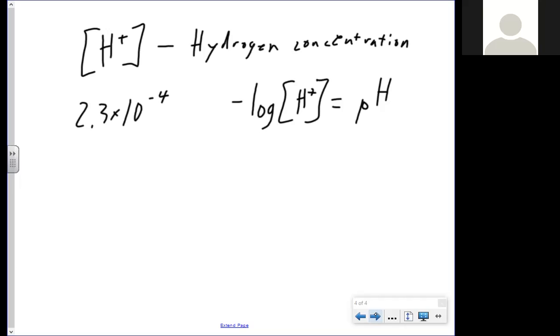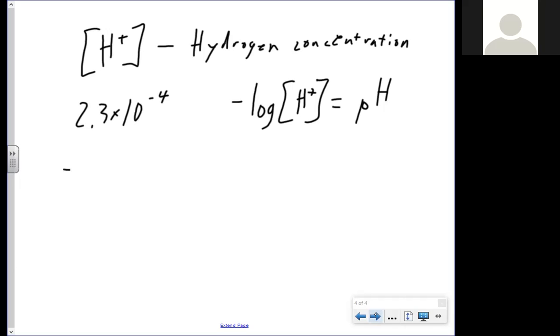Pretty straightforward. You just hit the negative button, which is beside the decimal. Then hit the log button, which is the black number under the second, the second button from the top all the way to the left. So negative log. Then you type in this number, 2.3 E negative 4. How do you put the E in there? That's second above the 7.